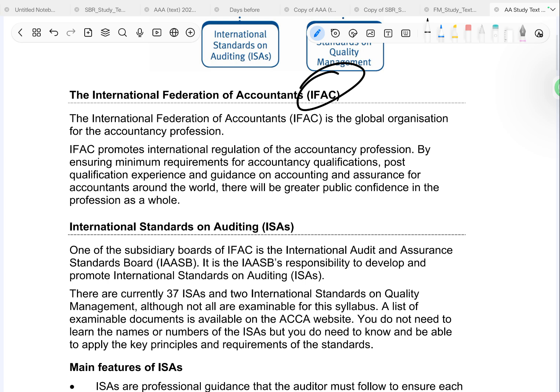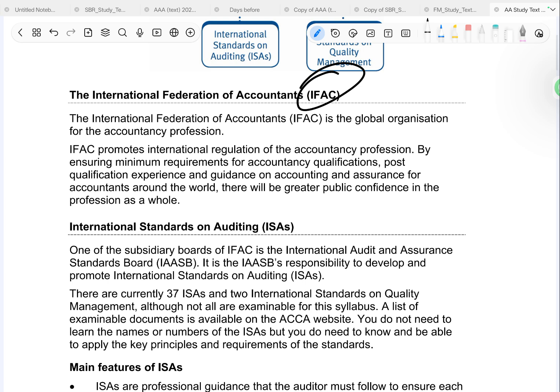The International Federation of Accountants, or IFAC, is basically the global organization for the accountancy profession. Its main goal is to promote strong and consistent regulation of accountants all around the world. IFAC works to ensure that there are minimum standards for professional accountants globally.